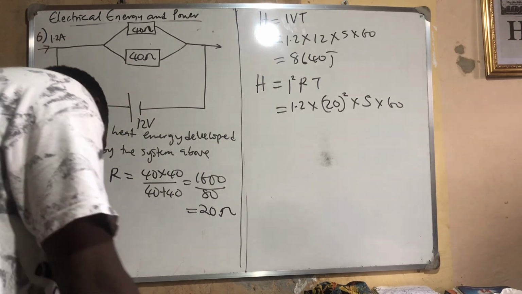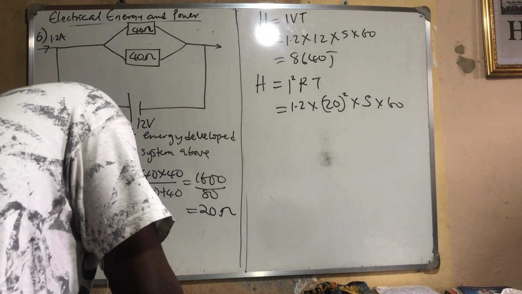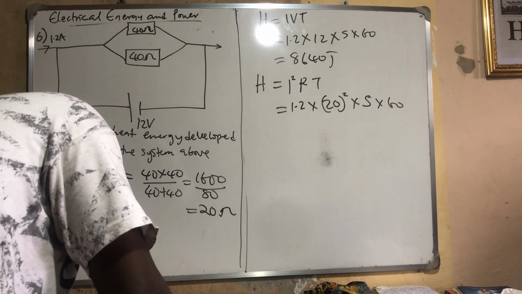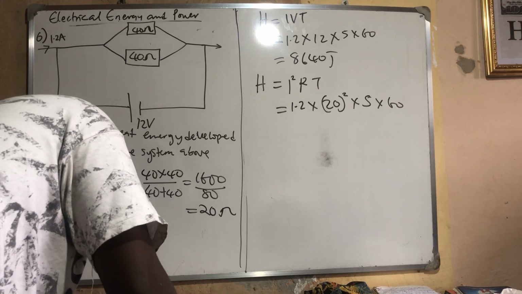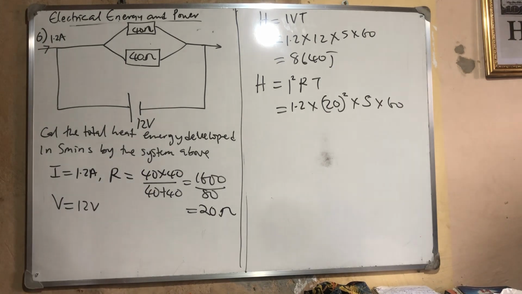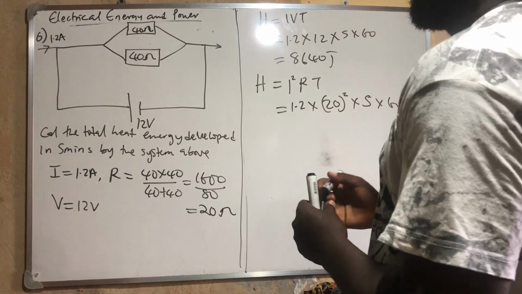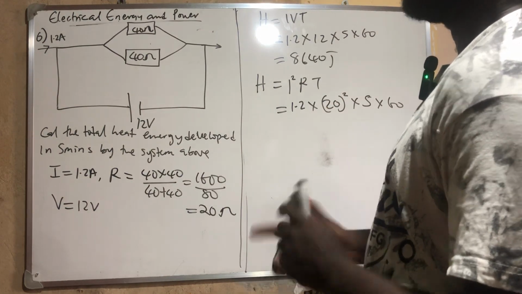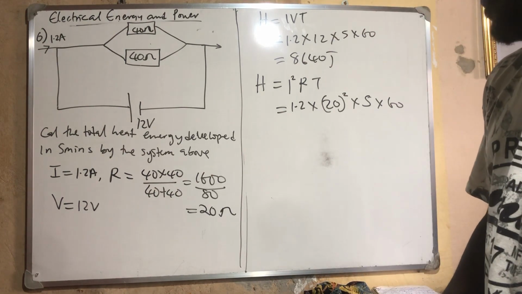But since the two 40 ohm resistors are in parallel, the voltage, the potential difference across them, is the same.